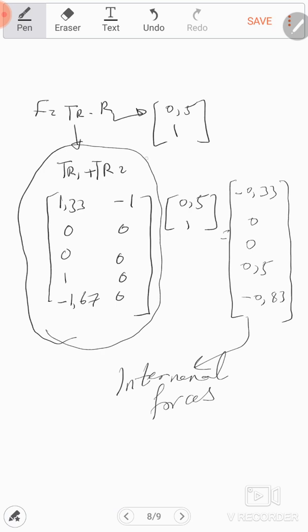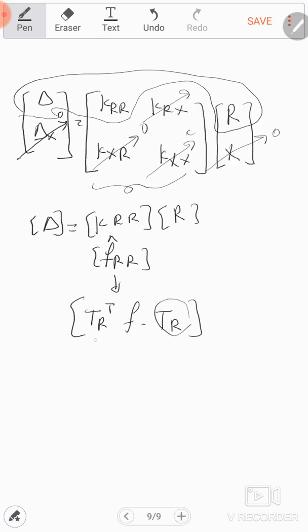Maybe in some examples we have three forces, so you should add TR3. But here in this example we have just TR1 and TR2. This matrix should be substituted for the TR parts in the next step. And the same matrix, just make it transpose, sorry, I'm very sorry, I made a mistake. So for this, take the transpose of this matrix. And small f is the length of each part.